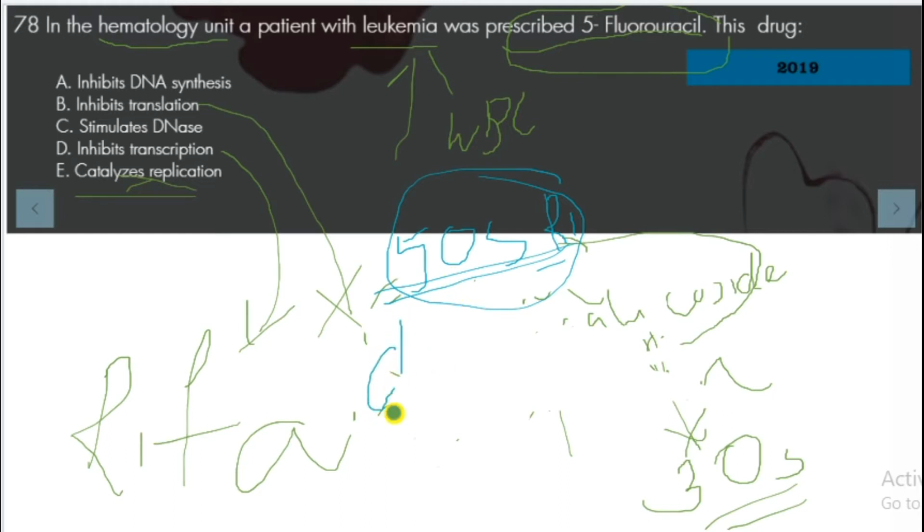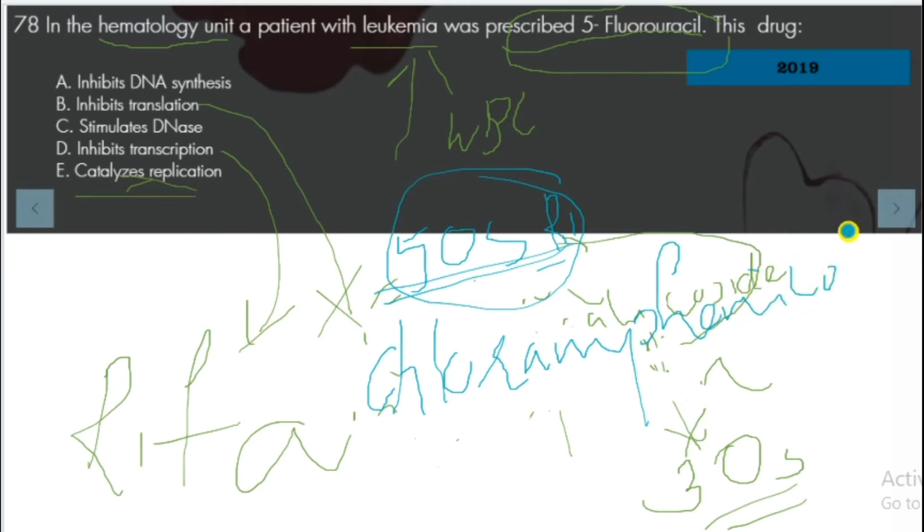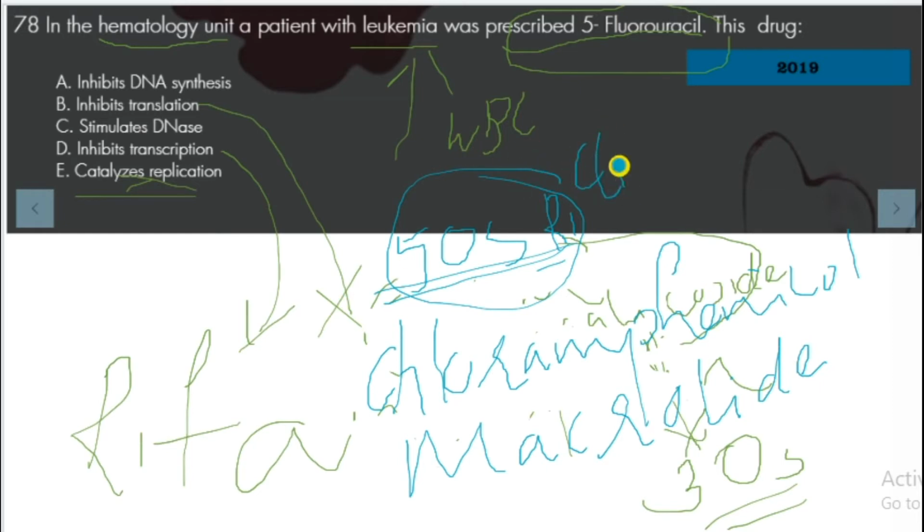What are they? Chloramphenicol, macrolide, clindamycin. Okay, final, the answer is inhibit DNA synthesis, 5-fluorouracil.